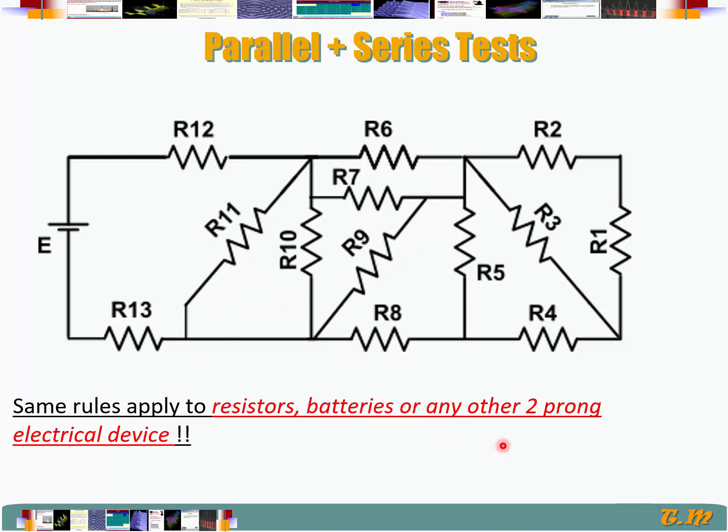As long as it has two prongs, we can very easily determine whether those two components are in parallel or in series. Knowing whether they are in parallel or in series will help us simplify the circuit by replacing these devices by their equivalent. And when we do that, it will help us analyze the circuit much more easily.